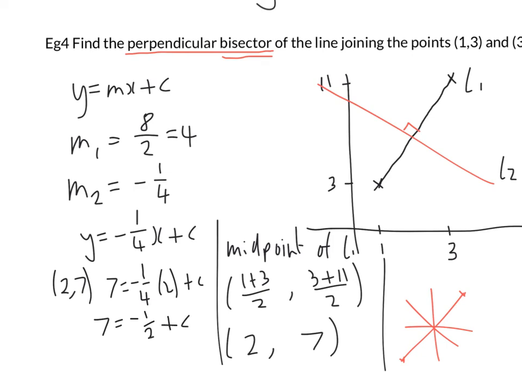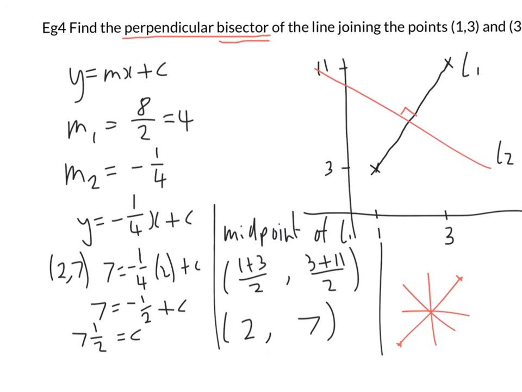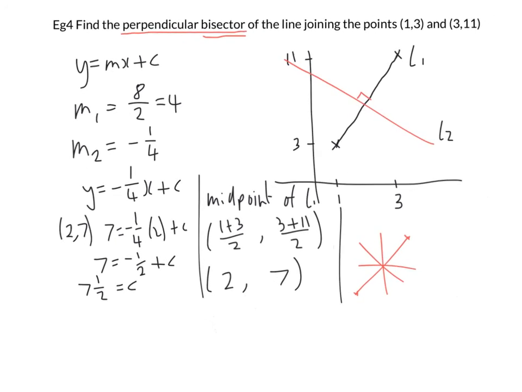If you add a half to both sides, you get 7.5 equals c. That means that your y would equal m, which is negative a quarter, x plus c, which is 7.5.